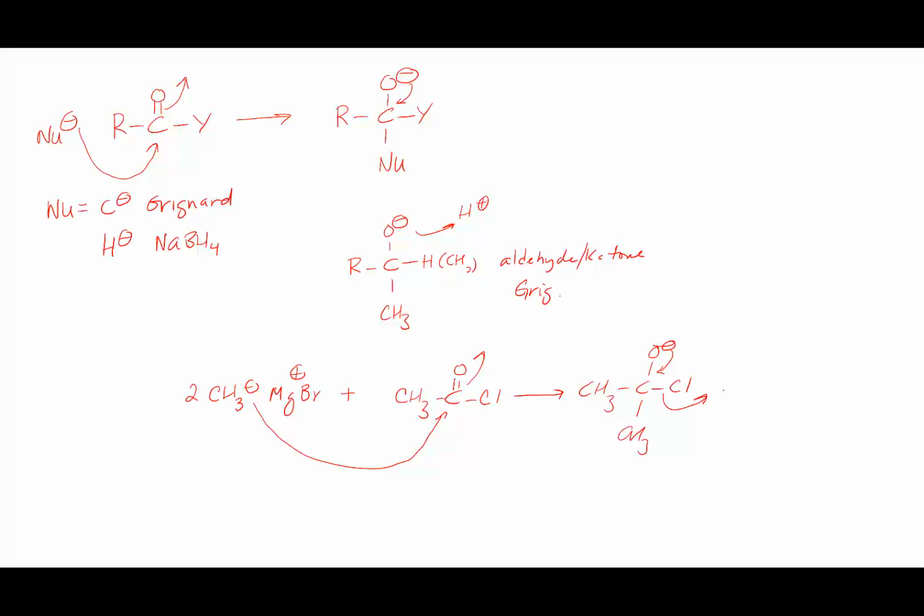And if this would have started out as an ester, we would have an OR group here. And when this pair of electrons came back down, that OR minus would leave. Not necessarily as fast, but it could leave. Our only prohibition on something being a leaving group is no H, no alkyl group.